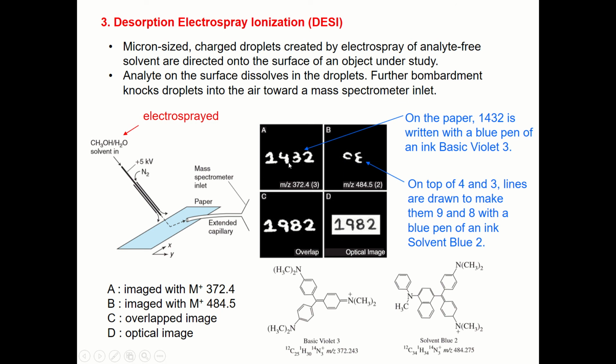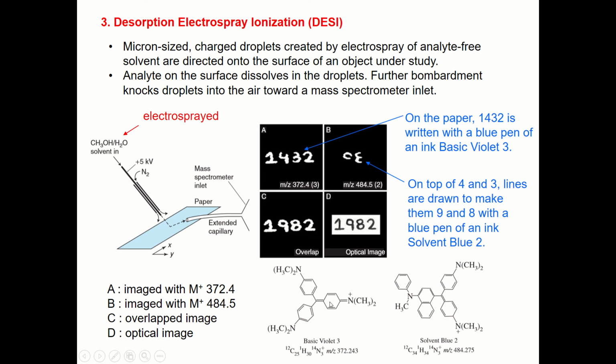And with this ink you simply wrote this part. In other words, you wrote here this one, and this part here, and 4 becomes 9, and also this part here, and 3 becomes 8, right?